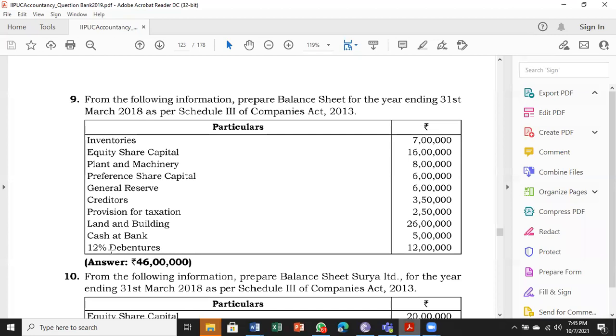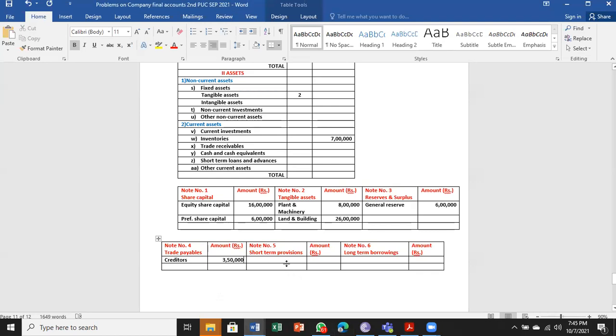Then next one is provision for taxation. Provision for taxation is also a liability. It comes under short-term provisions. So I'm doing, even though one amount is there, I'm doing the preparation of a note to make you understand.